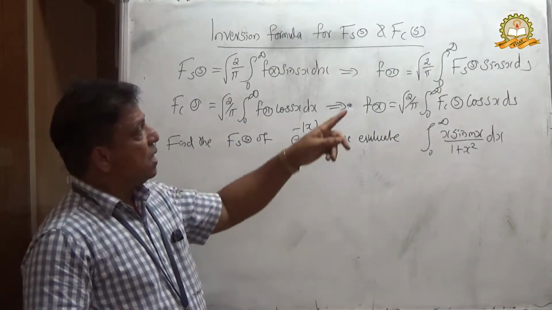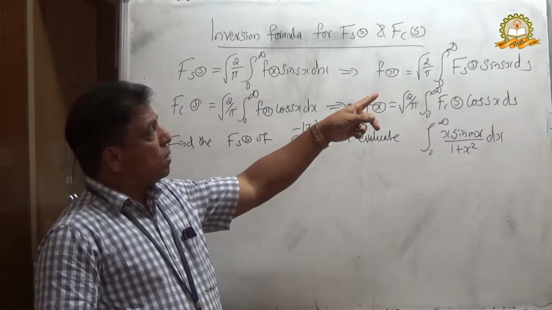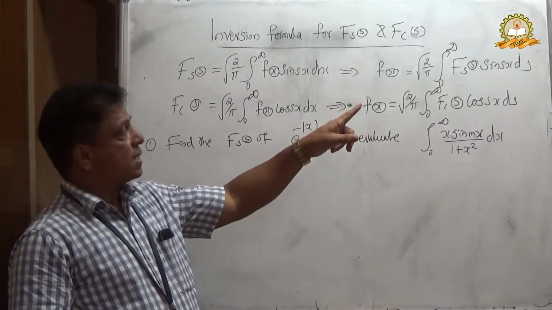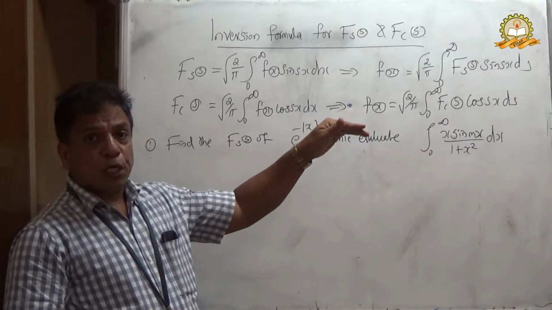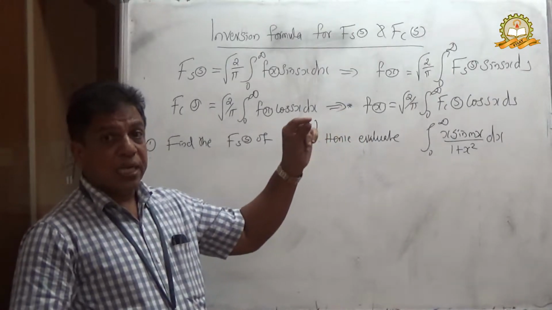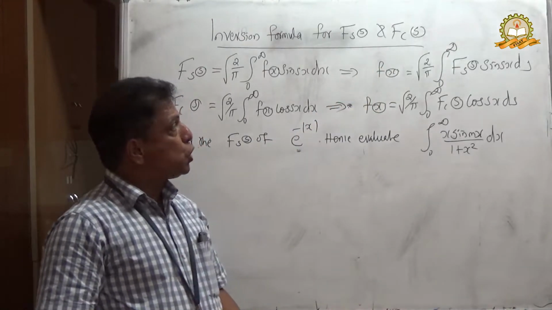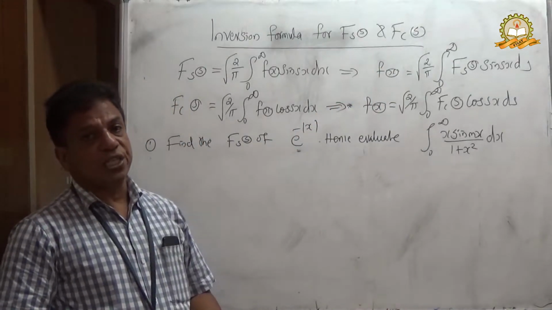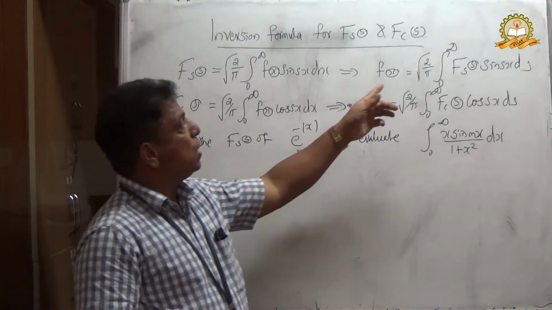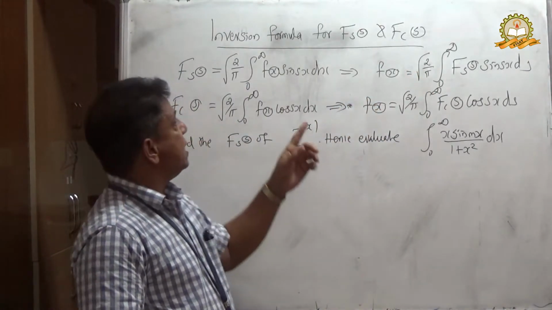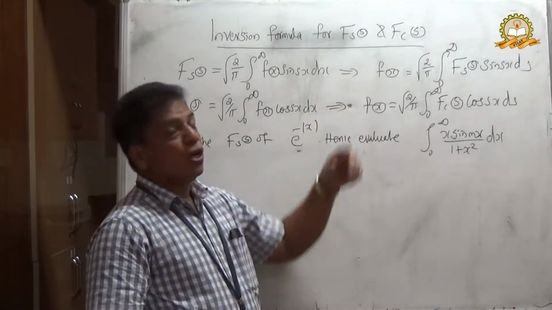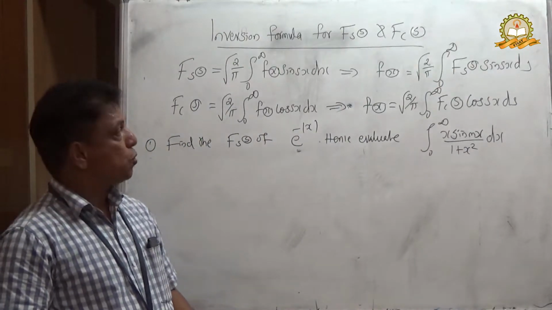That is, this Fourier sine transform is multiplied by sin sx and integrated with respect to s, applying the lower limit 0 and upper limit infinity. The final result is multiplied by root of 2 by pi. That is the inversion formula for Fourier sine transform.